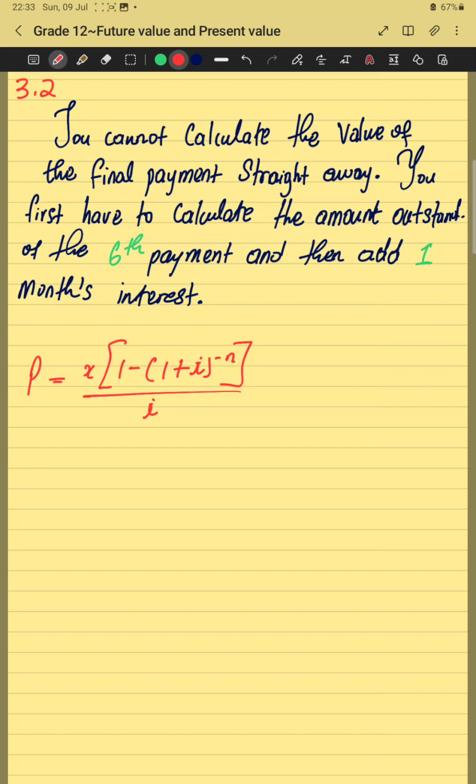Remember that just before we go straight to the final payment, we need to calculate the outstanding balance first. In the examination room, you do not have to write this explanation down, but I'm just making you understand.